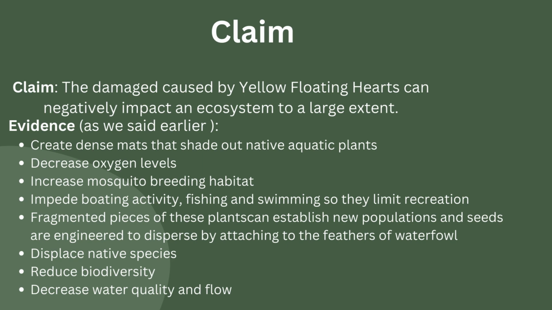Fragmented pieces of these plants can establish new populations, and seeds are engineered to disperse by attaching to the feathers of waterfowl, displace native species, reduce biodiversity, and decrease water quality and flow.